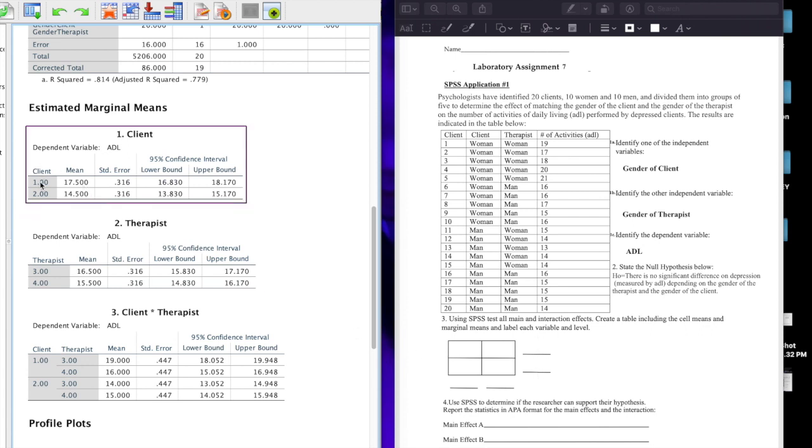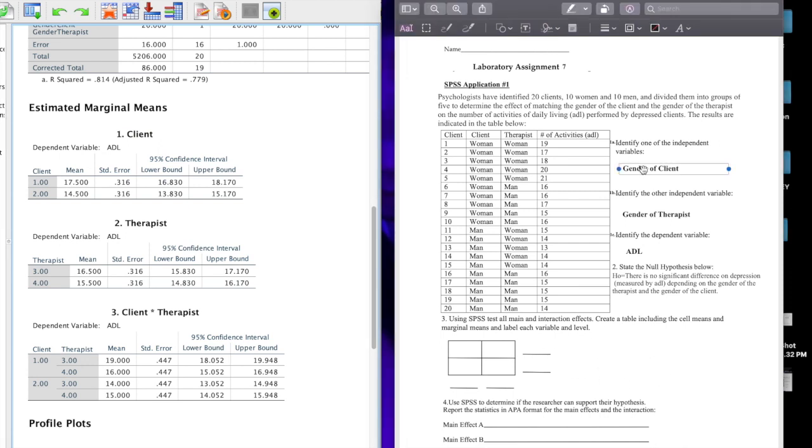So for client 1, that's going to be our first row. So we're going to go ahead and label that and then put the mean in here where it goes. So we're going to have gender of the client. Put that off to the side here. Okay, so my IV is gender of client, and then I have woman, and I have man.